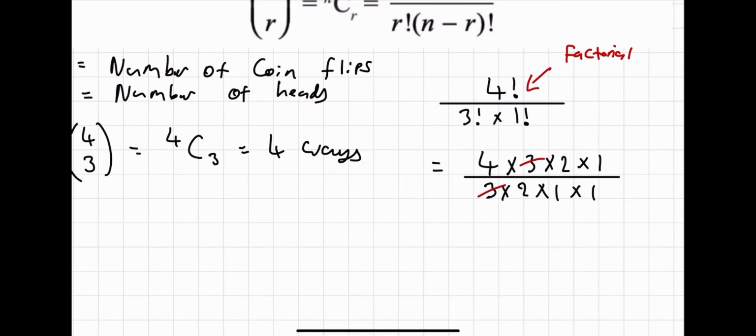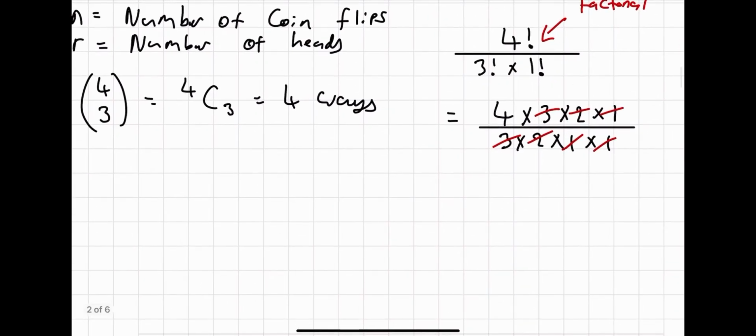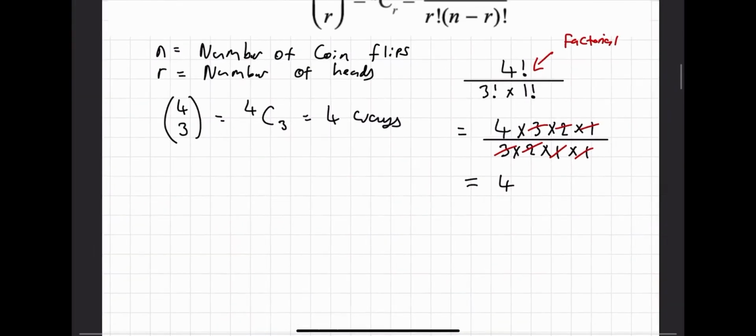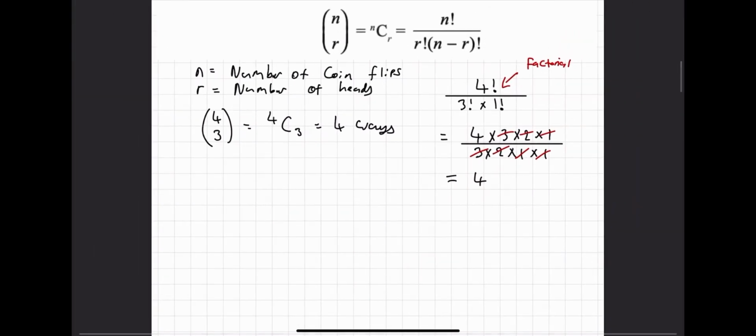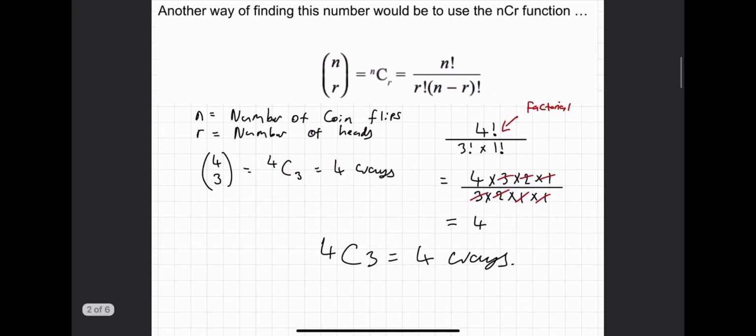The 3s cancel out, the 2s cancel out, the 1s all cancel out, so you're just left with 4, which is the number of ways. Luckily, you don't have to use this formula because the calculator does it for you. Just write 4, the choose button, and then 3, and it tells you 4 ways.